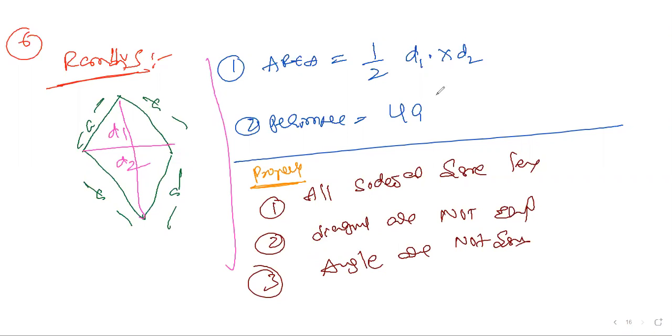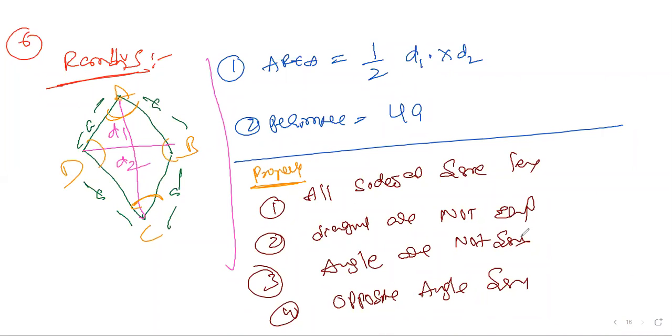Next, one more interesting point, the fourth point: opposite angles are same. All angles are not same, but opposite angles are same. For your understanding, let us take angle A, angle C, angle B, angle D. Angle A is equal to angle C. Angle B is equal to angle D. Okay, clear?